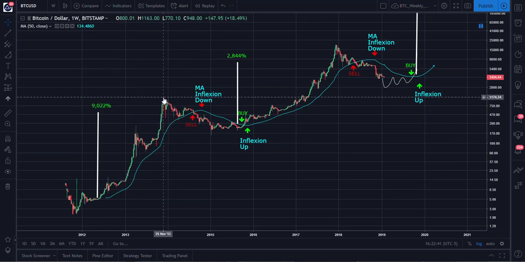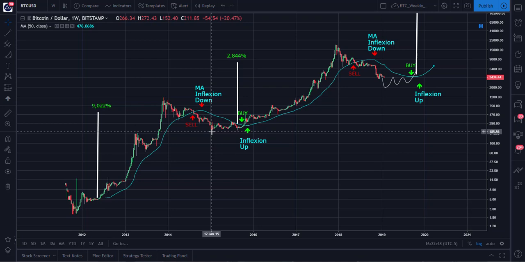And this method does not pinpoint the tops or the bottoms. In fact, it'll almost always miss it. And that's in a way a good thing. Trend following is not trying to pick the top or pick the bottoms. It's trying to find the trend and stay with the trend and get out of it when the trend changes.